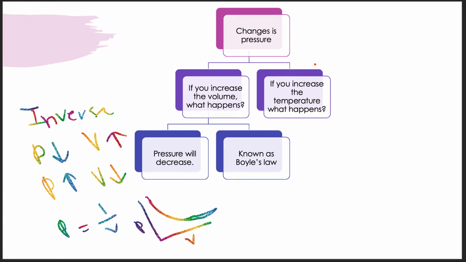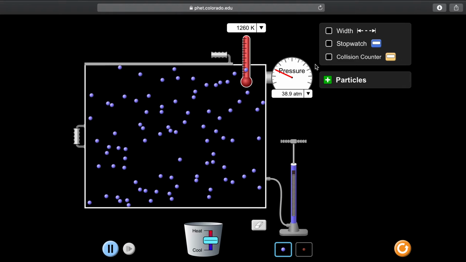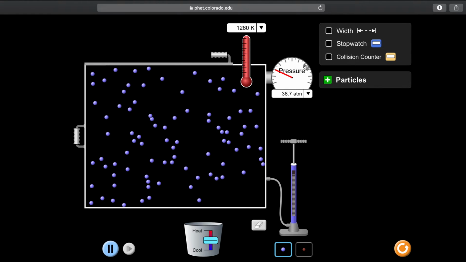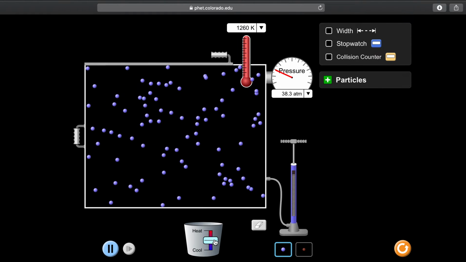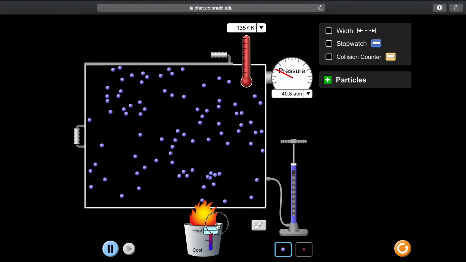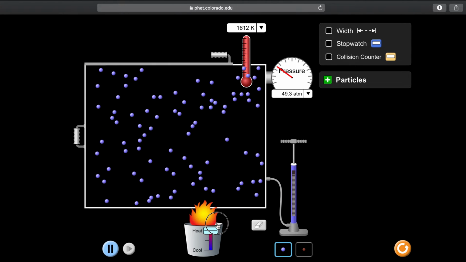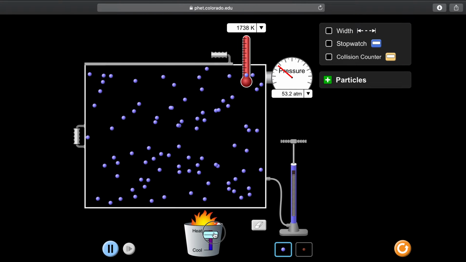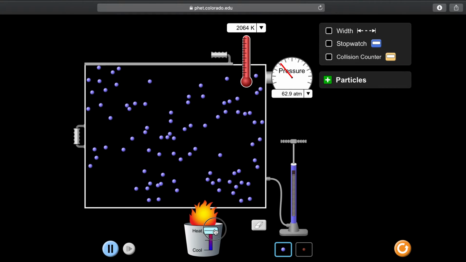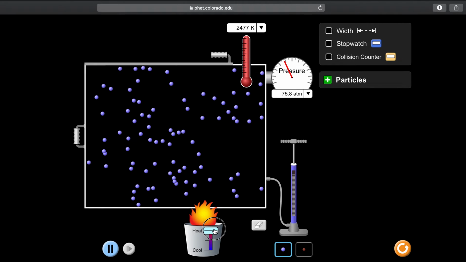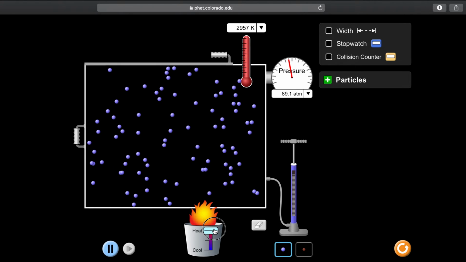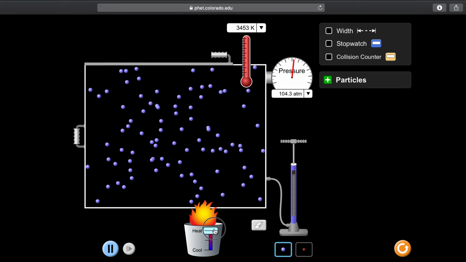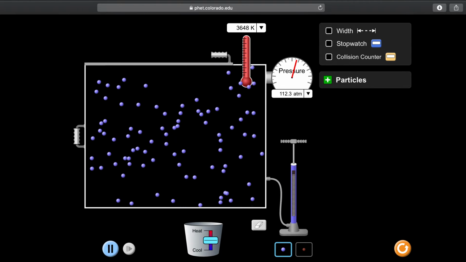So the question is saying if you were to increase the temperature, here's the pressure, okay? And I'm going to add heat. If you guys notice, this number is going up, so that's pressure. So that means as I increase temperature, pressure also increases, okay?